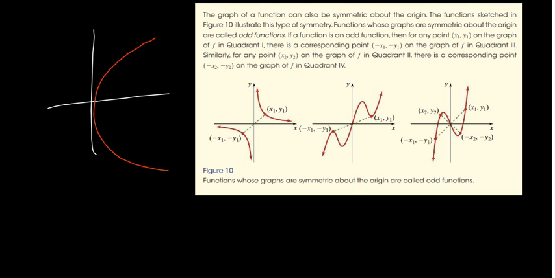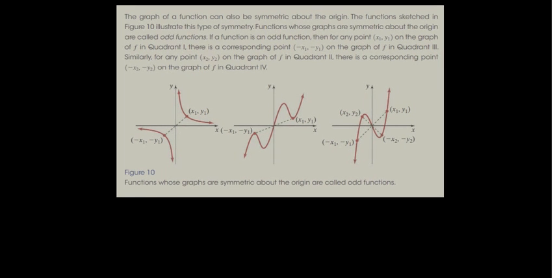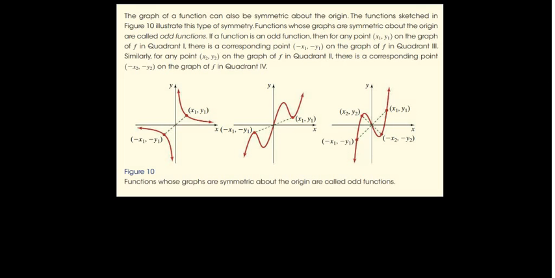There are equations that look like this, but they are not defined as functions, because it automatically fails the vertical line test. So we don't deal with them right now. An odd function is going to be symmetric about what we call the origin, the middle there. Again, you cannot have a function symmetric about the x-axis, but an odd function is symmetric about the origin.